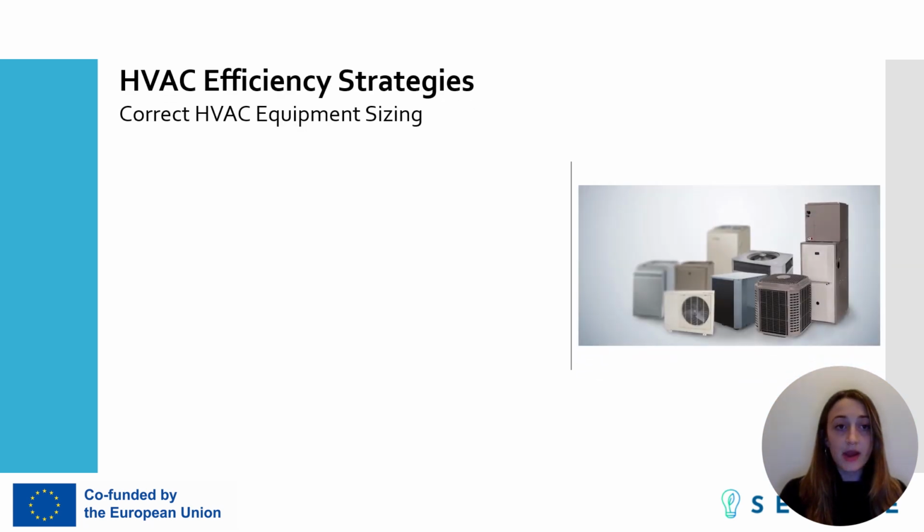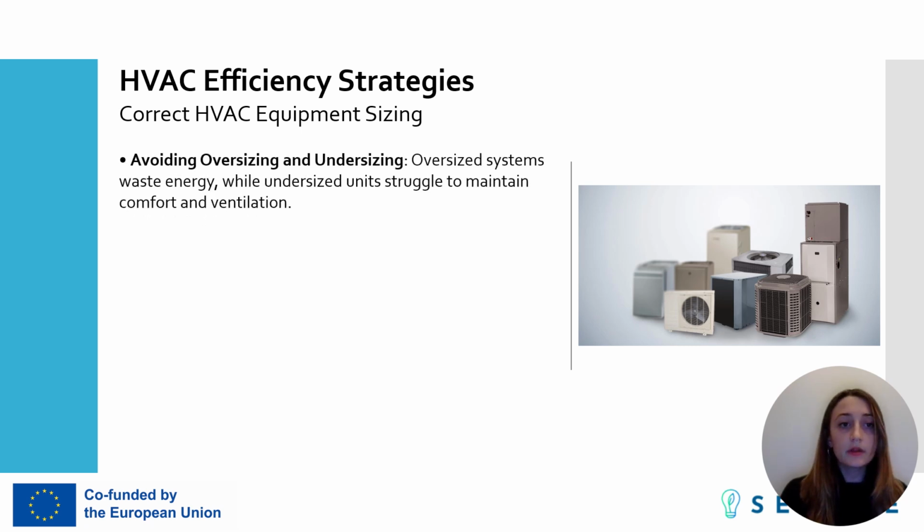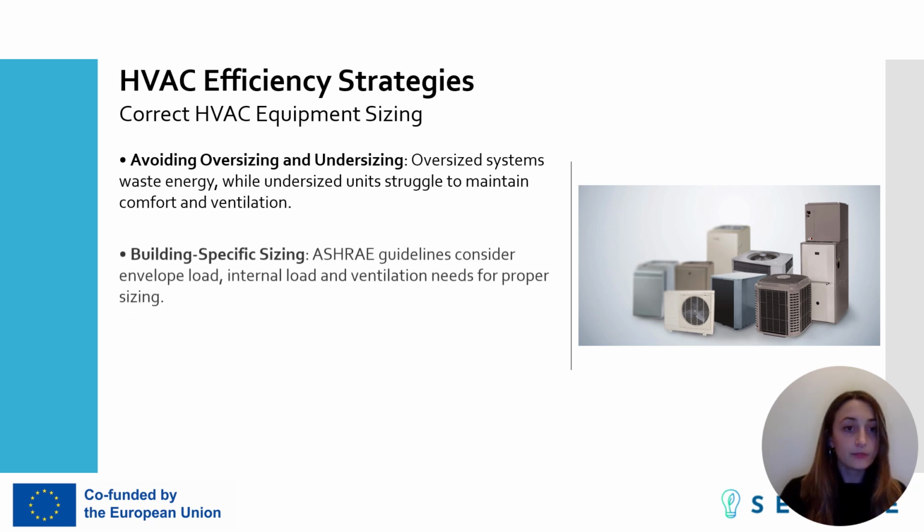Another possible strategy to enhance the efficiency of our HVAC system is correct HVAC equipment sizing. First of all, it's important to avoid oversizing or undersizing. This is because oversized systems waste energy, while undersized units can struggle to maintain comfort and ventilation.